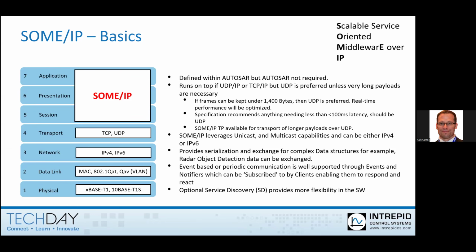The traditional networks, which we'll call legacy networks, like Controller Area Network and FlexRay, were designed to transport relatively simple signal-based data, and I would even call it scalar-based data, meaning just scalars like engine speed or temperatures and so forth.